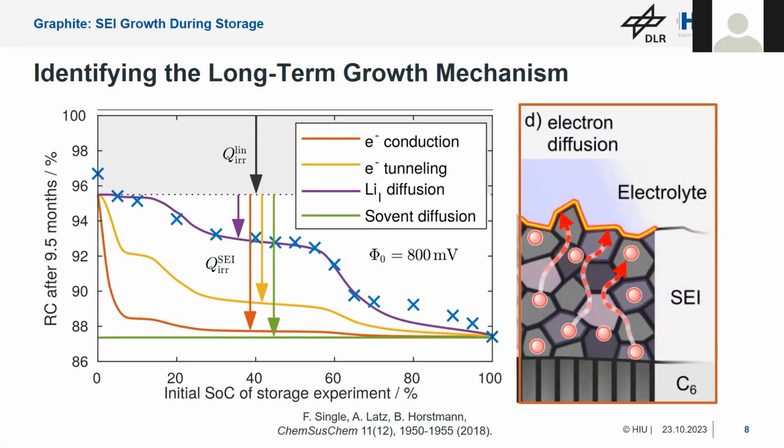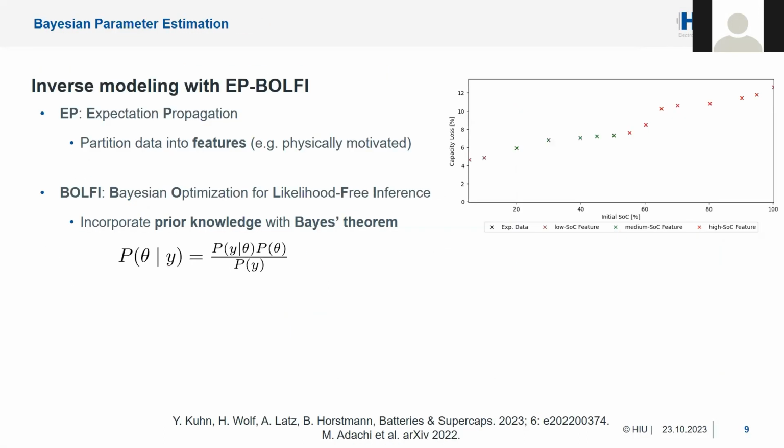Electron diffusion makes it. Okay, and now recently we developed some machine learning models to do inverse modeling. We particularly use these models for parameter estimation, but we can also use them for model determination. Our method is based on BOLFI, which is a standard tool, Bayesian optimization for likelihood-free inference.